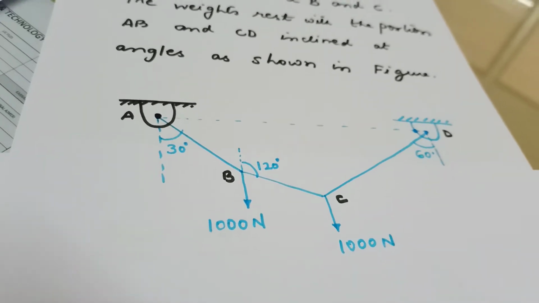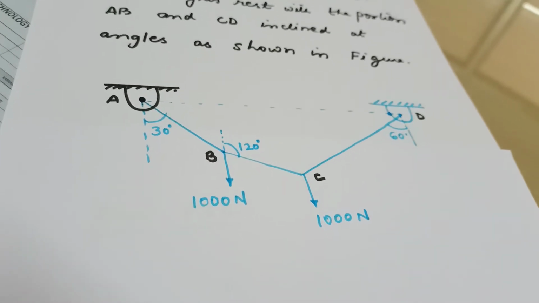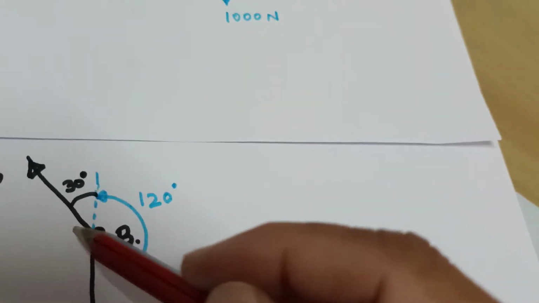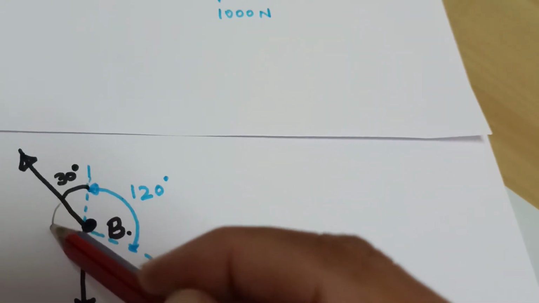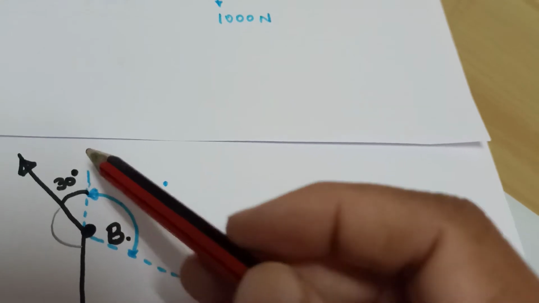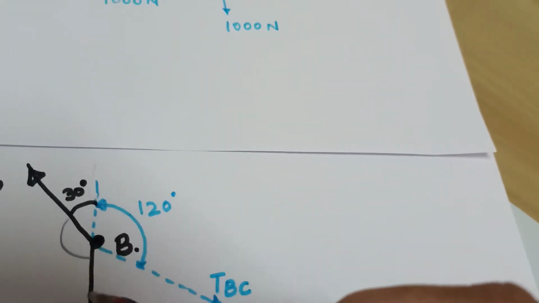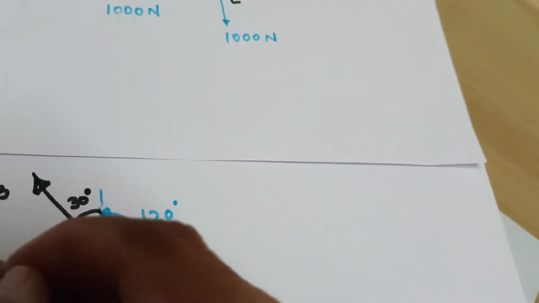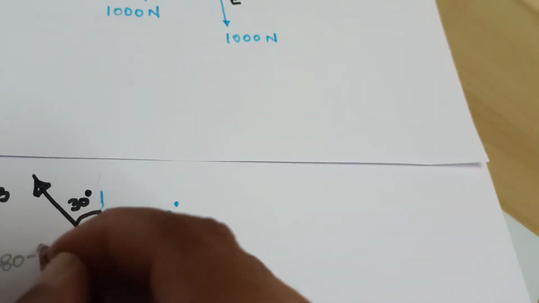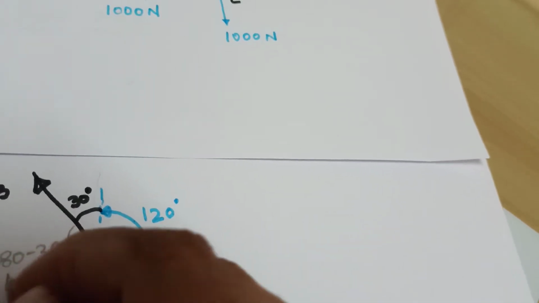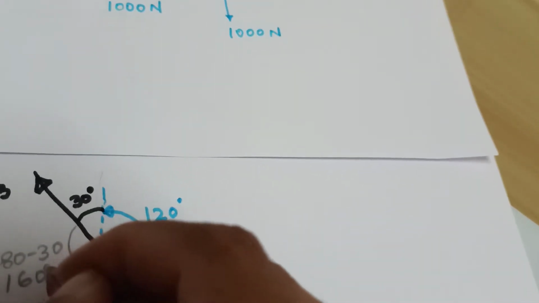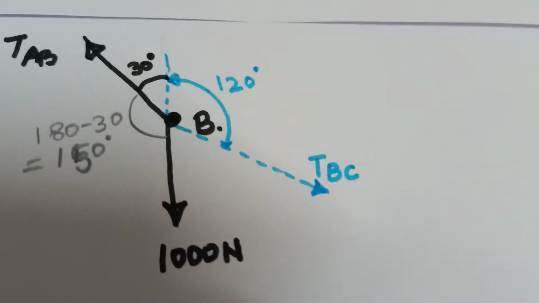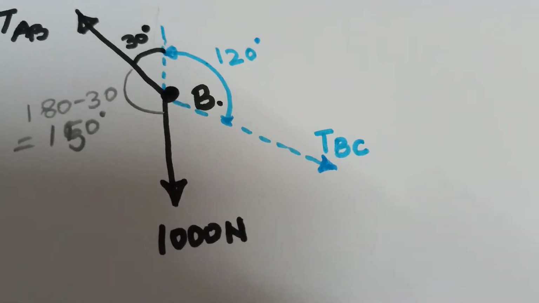Okay. Now if I want to find out this particular angle, how can I find out? So this line is a straight line, so it will form 180 degree angle. So we can get this angle as 180 minus 30, that is equal to 150 degree.